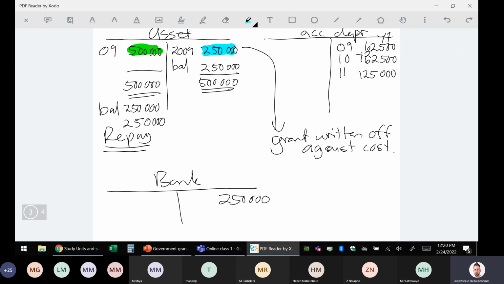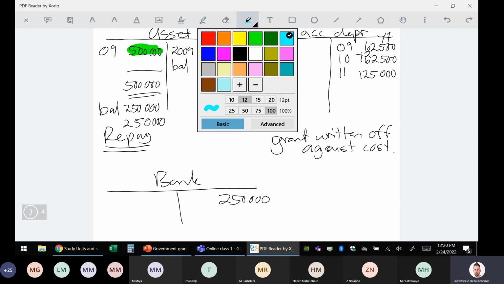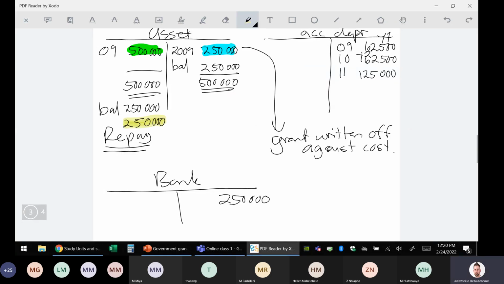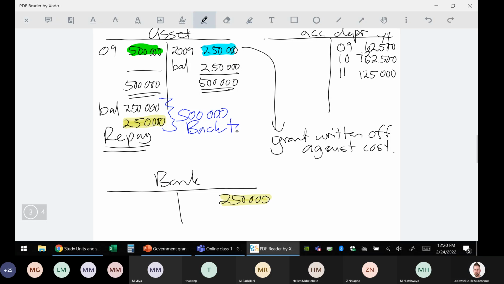Because the grant is repaid, and we originally deducted it from the cost of the asset, we have to increase the value of the asset again. So what is the value of our asset now? It's the 250 opening balance plus the 250 repayment. So it is back to the original amount of 500,000.